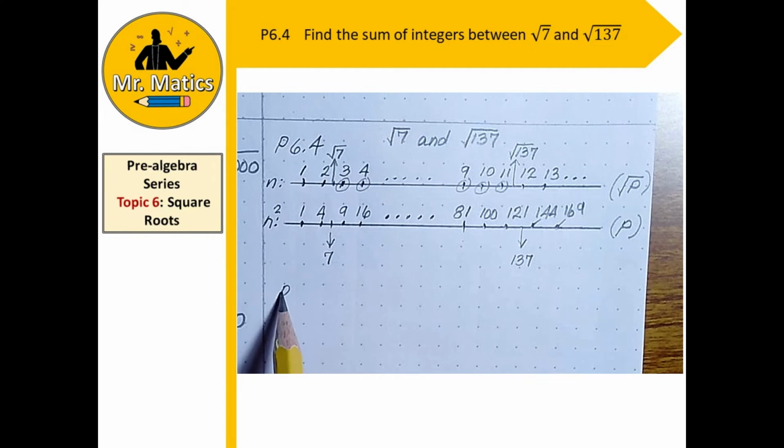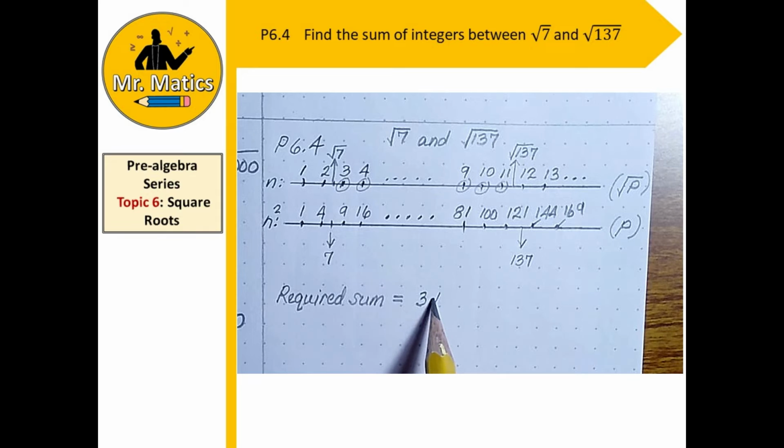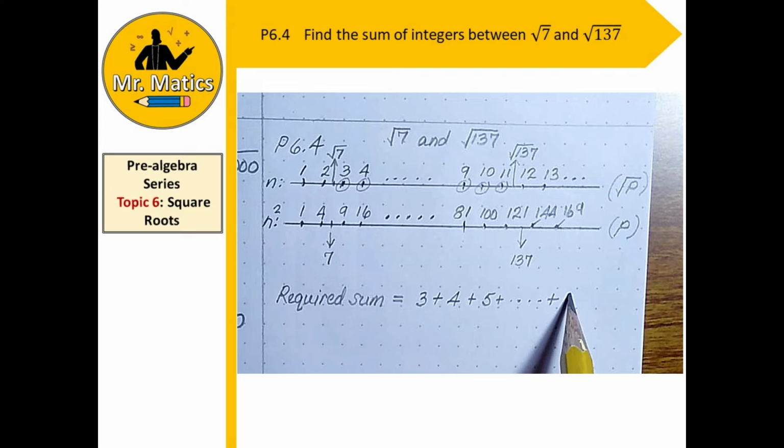So we'll call the required sum equals 3 plus 4 plus 5 up to 11.